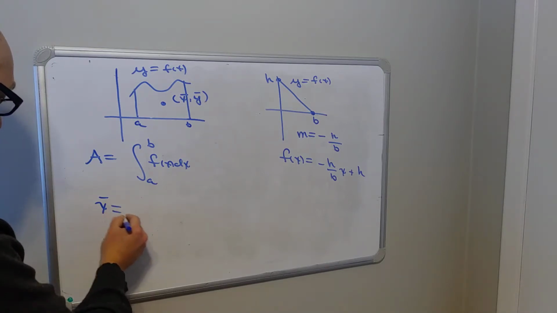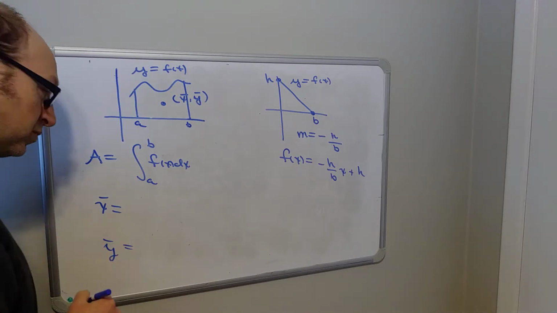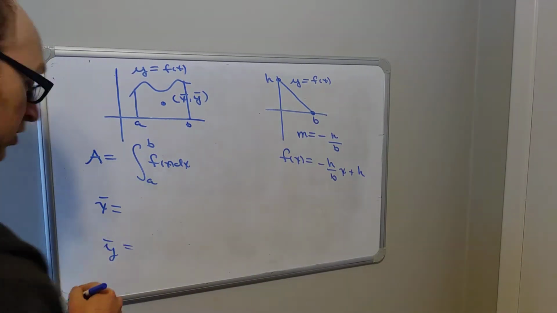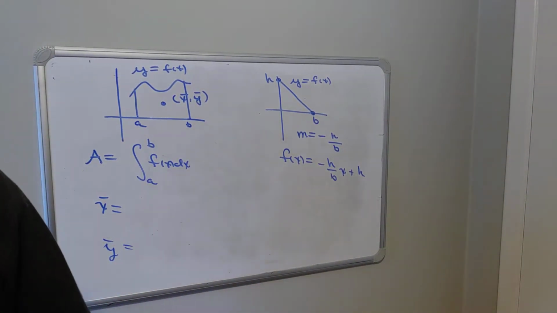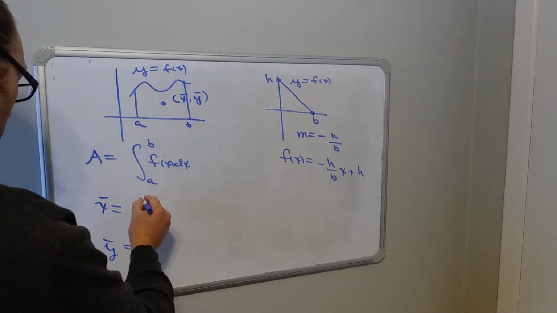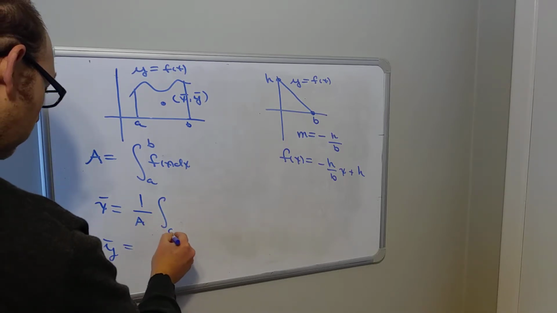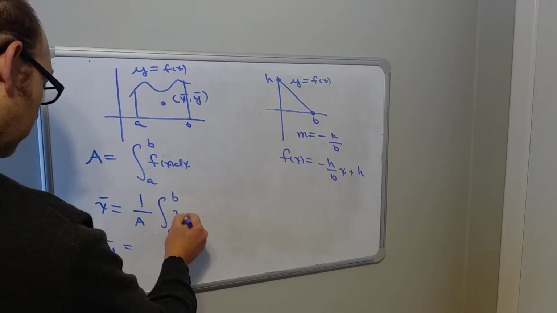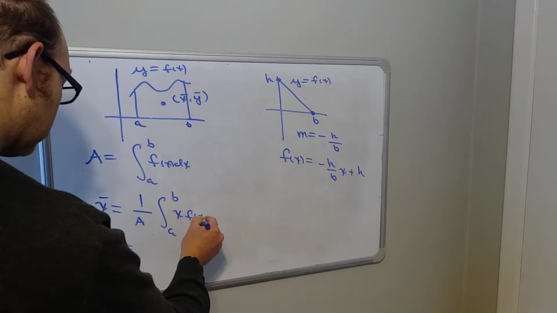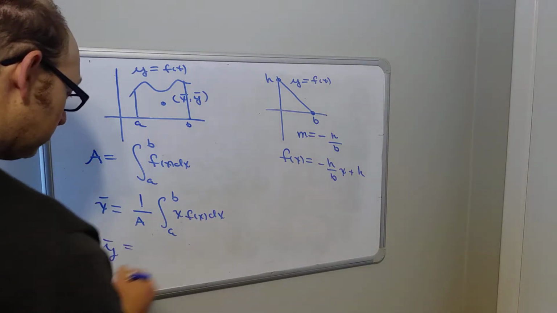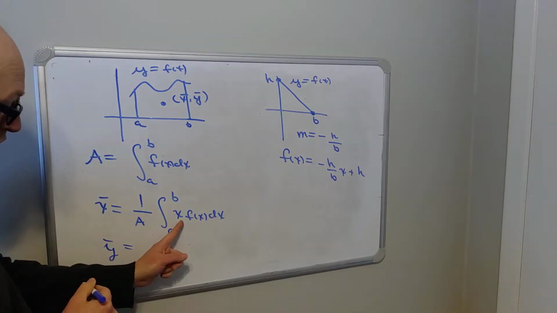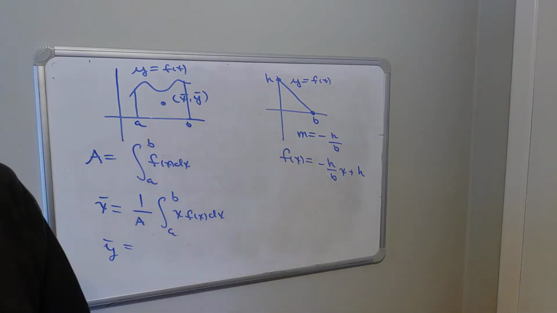So there are two formulas that you need to memorize. The first one is the centroid for the x-coordinate: x bar is 1 over the area times the integral from a to b of x times f of x dx. It's like the area computation, except you put this little x over there.